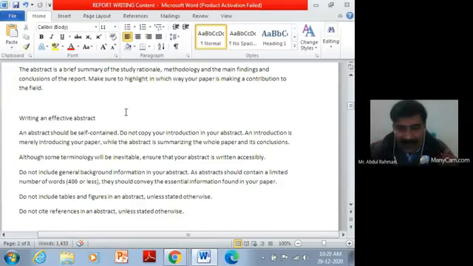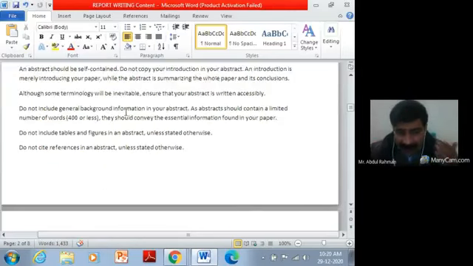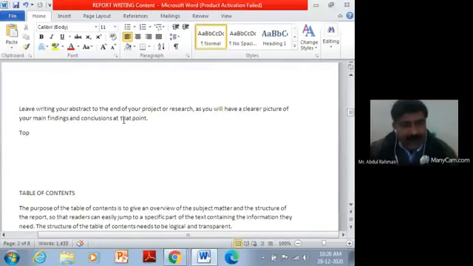And it is always within a word limit, 100 to 300 words, as per the choice or directions of your department. Do not include general background information in your abstract. Do not include tables and figures in the abstract. Do not cite references in the abstract as well, right?